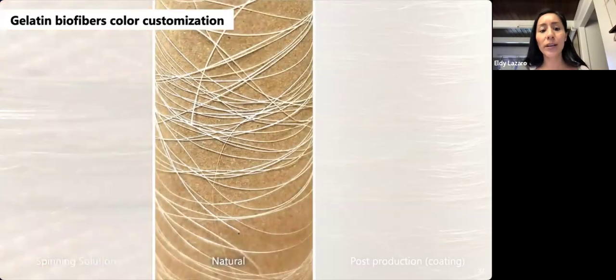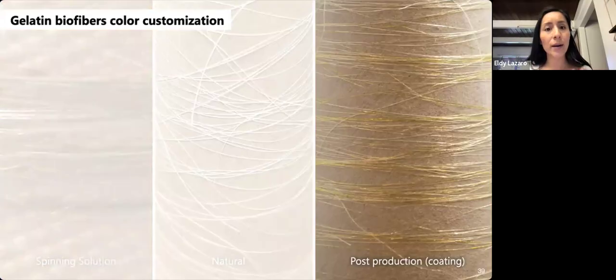However, for designers, we can also customize it when the fibers have already been spun. This is the natural color of the gelatin fibers, but then we can add color using food dyes or bio-based pigments in the different baths where the roller is rolling at the moment of extrusion.